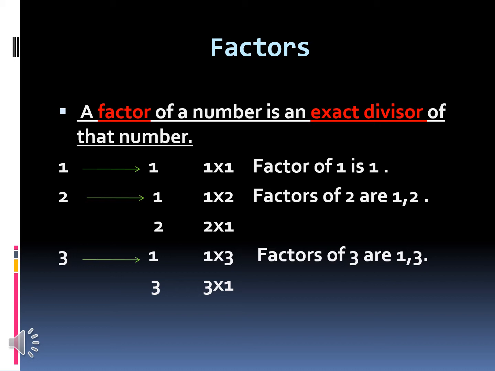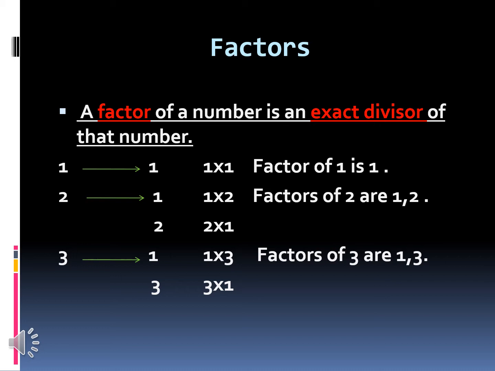So another example, let's take 2. 2 comes in table of 1. That is 1 2s are 2. It comes in table of 2 also. 2 1s are 2. So factors of 2 are 1 and 2. So 1 and 2 are the exact divisors of 2. When you divide 2 by 1 or 2, you get remainder 0.